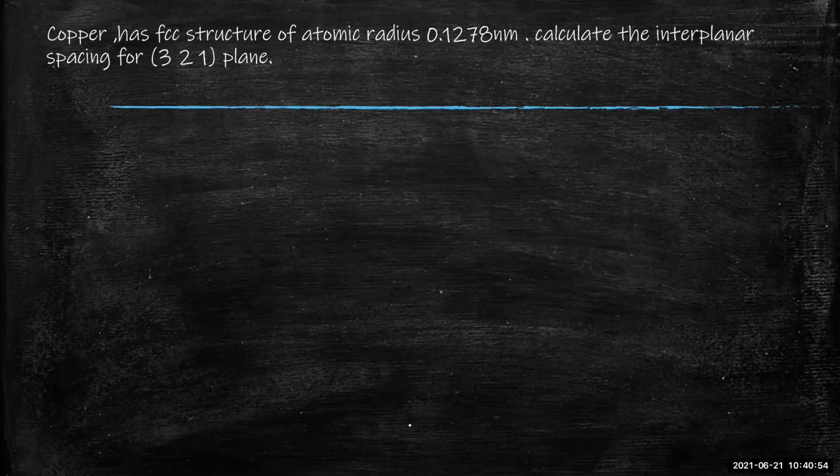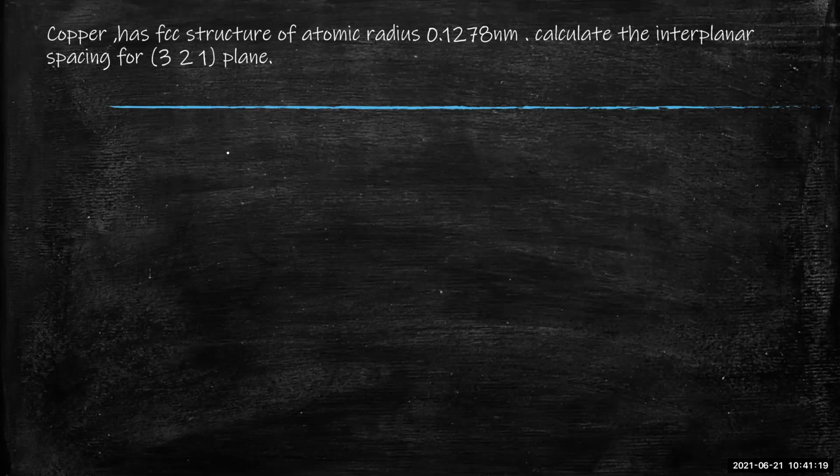In this question, the atomic radius is given. Look here: copper has FCC structure of atomic radius 0.1278 nanometer. Calculate the interplanar spacing for the 321 plane.